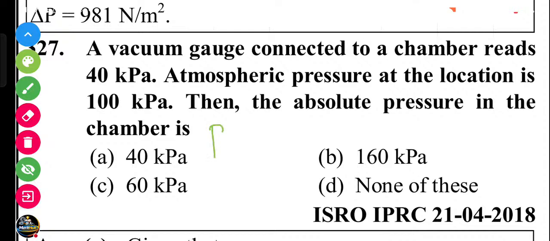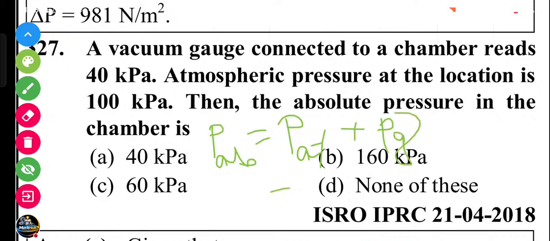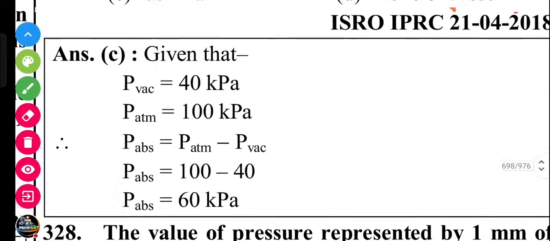We know that absolute pressure equals atmospheric pressure plus gauge pressure. So 100 plus 40, 140 is the answer. There is no option of 140, so none of these is correct. Let's check the answer.